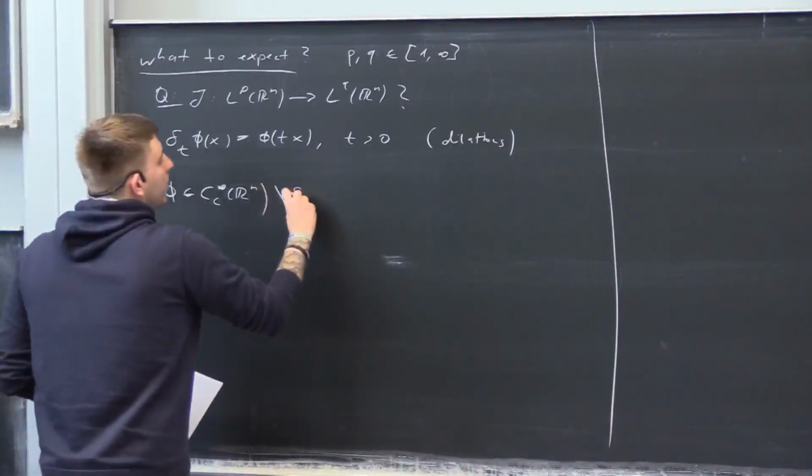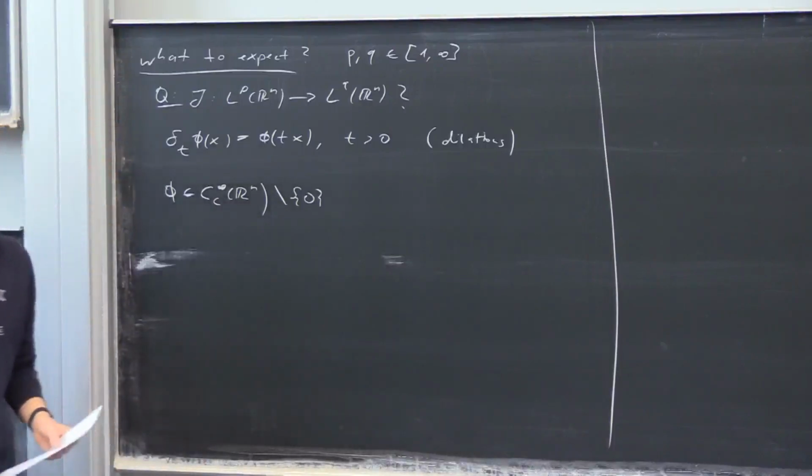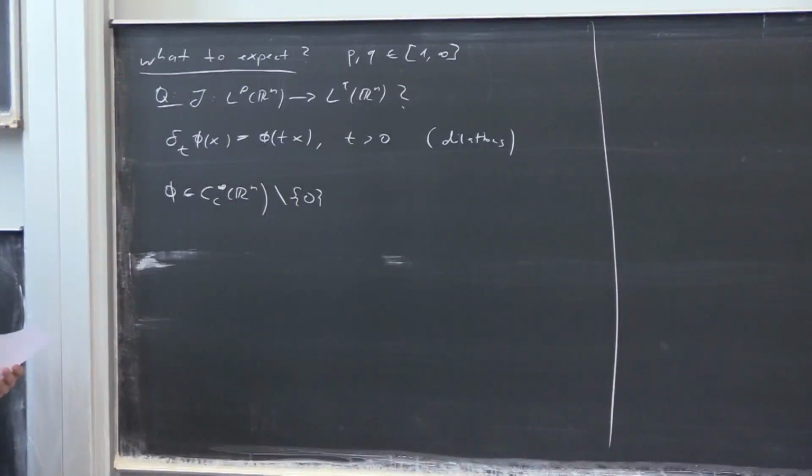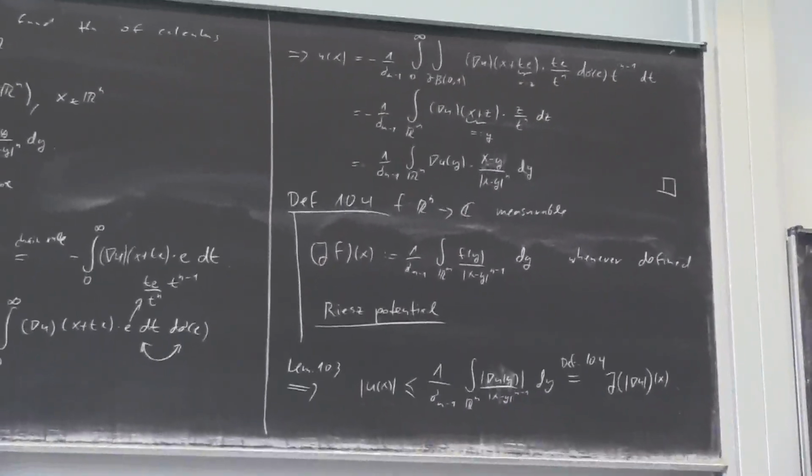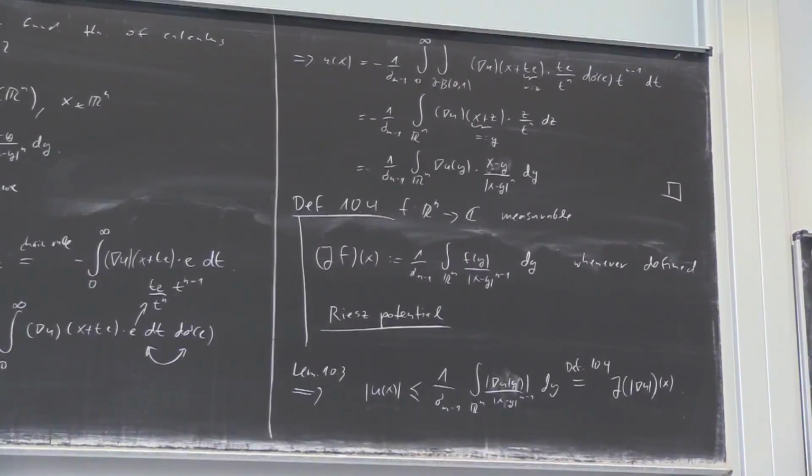I should exclude the case that the function is 0, because then I will not get any trouble estimating this object. If you plug in the 0 function, the Riesz potential is also 0, and then you have all PQ mapping properties that you want.